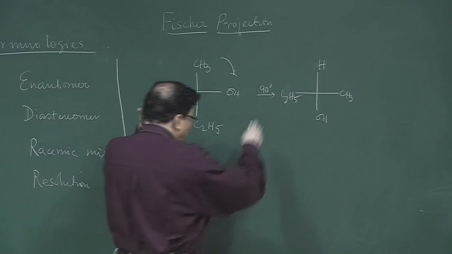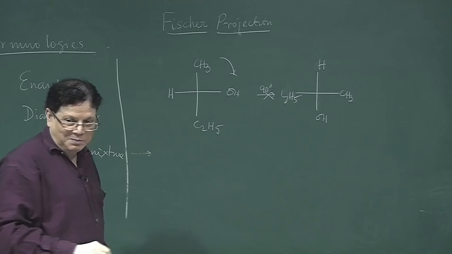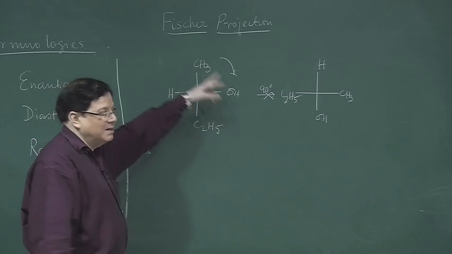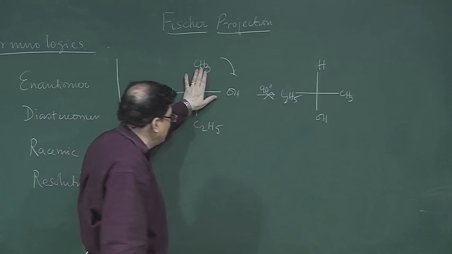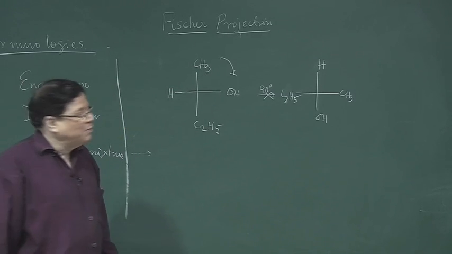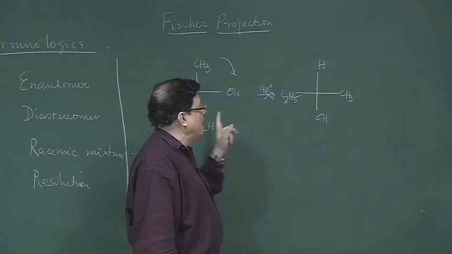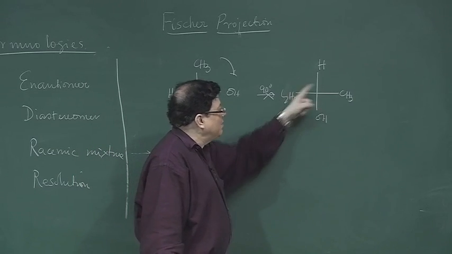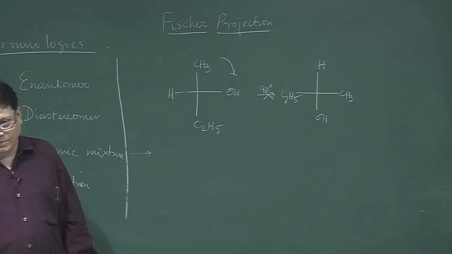What is the first rule? That you cannot rotate the Fischer projection formula by 90 degrees in plane. This is in plane rotation, you are keeping this whole thing in plane and rotating it by 90 degrees. That is not possible. Interestingly, this actually becomes the mirror image of this one if you do this 90 degree rotation.